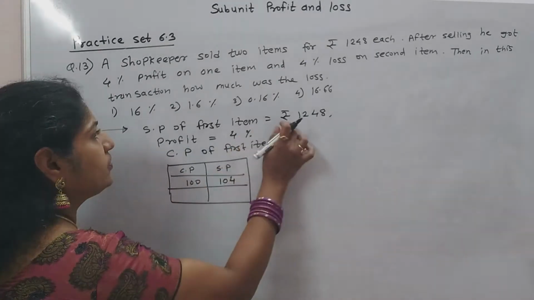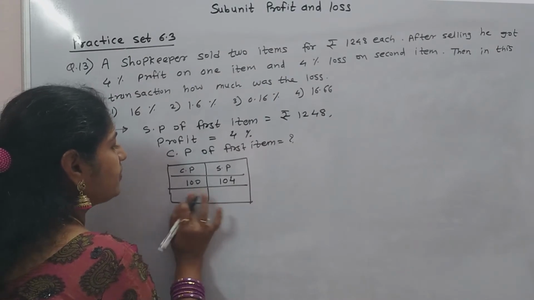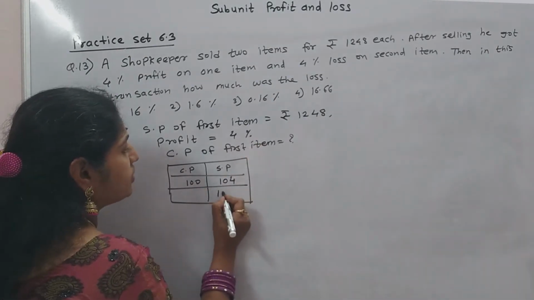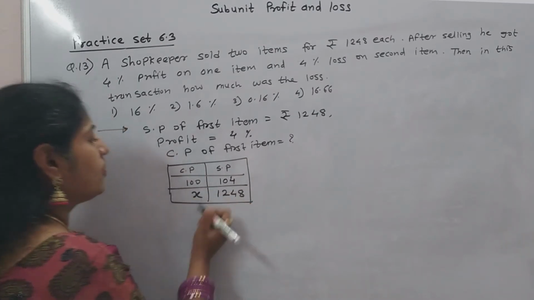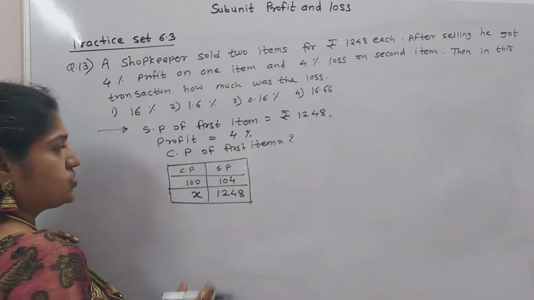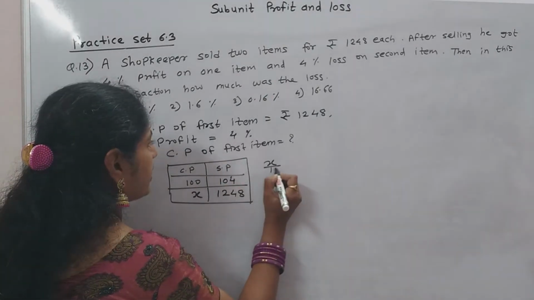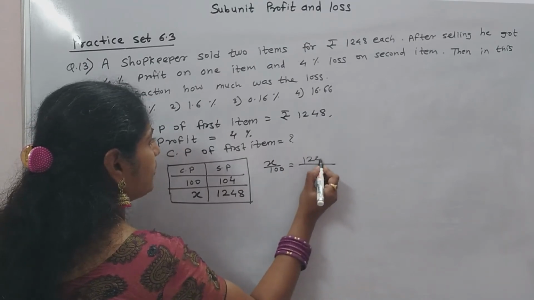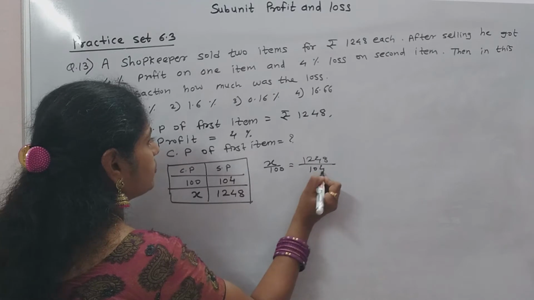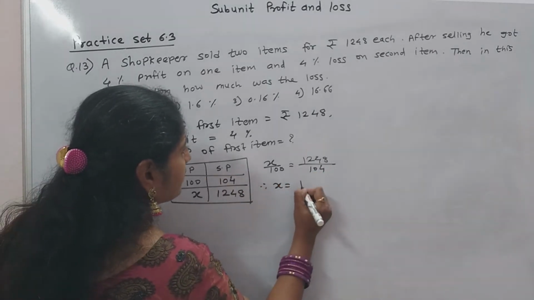The selling price of the first item is 1248. We have to calculate the cost price. So from that, we write x upon 100 equal to 1248 divided by 104. First, find the cost price of the first item.